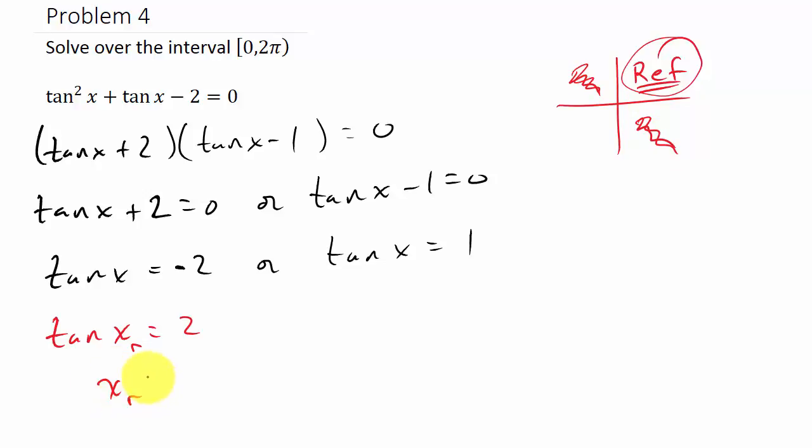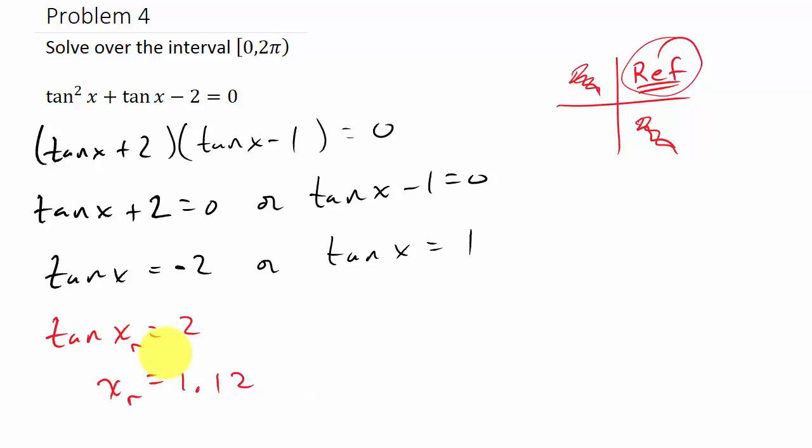So my reference angle: I'm just going to take the inverse tangent of 2 in the calculator. Second inverse tan of 2 is 1.107, and there are about 8 more decimals there. I'm going to round it to 2 decimal places, so it's 1.12.